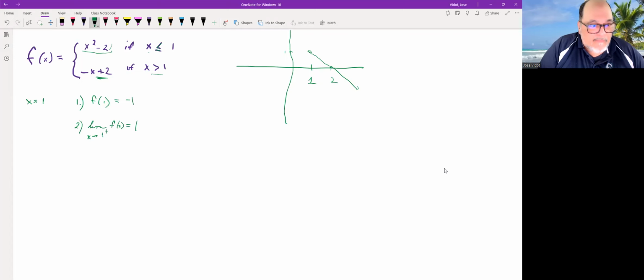And then when you come from the left, you're going to be using this function here, right? But this function is a little bit different, because now you're going to be on the left side of the 1, including the 1, right? In fact, when you actually are at 1, you're going to be at -1. You're going to be down here, right? -1.